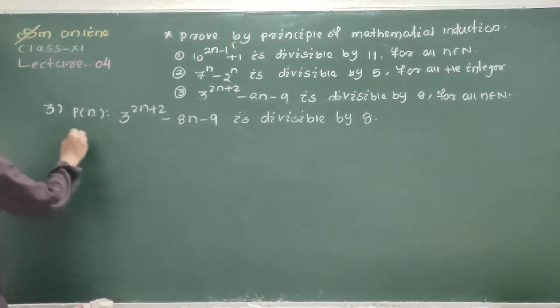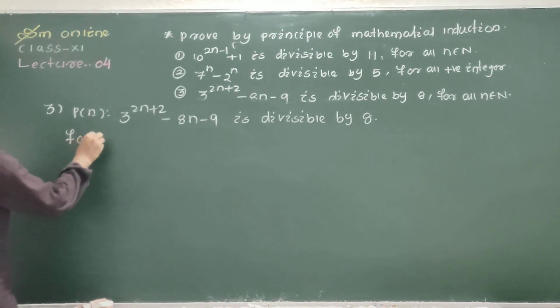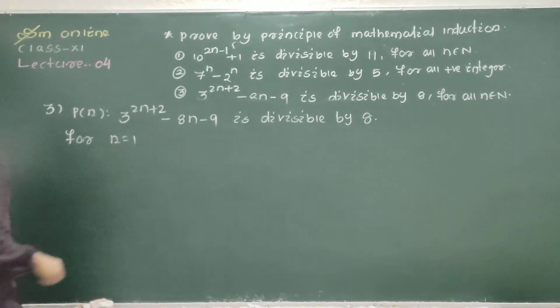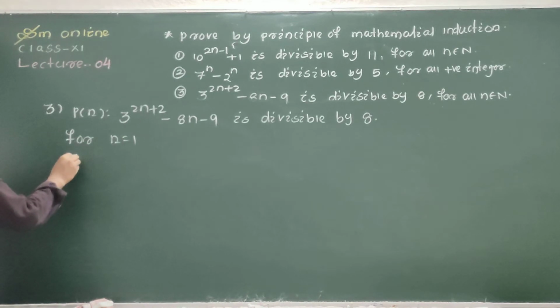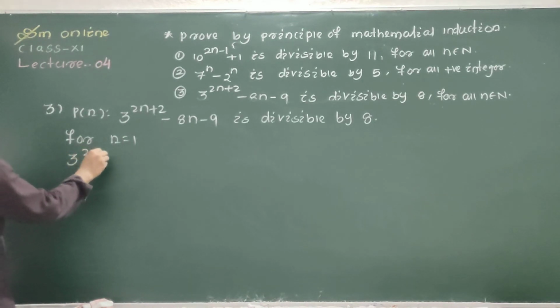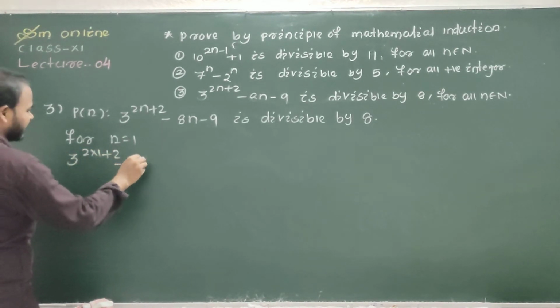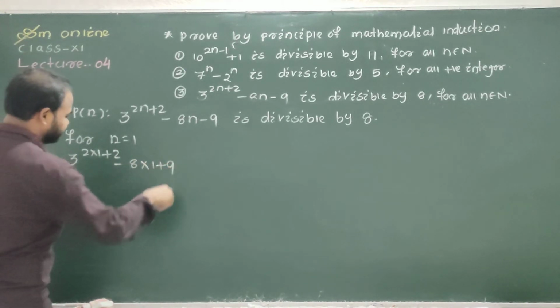Now for n equal to 1, this is 3 to the power 2 into 1 plus 2 minus 8 into 1 plus 9.